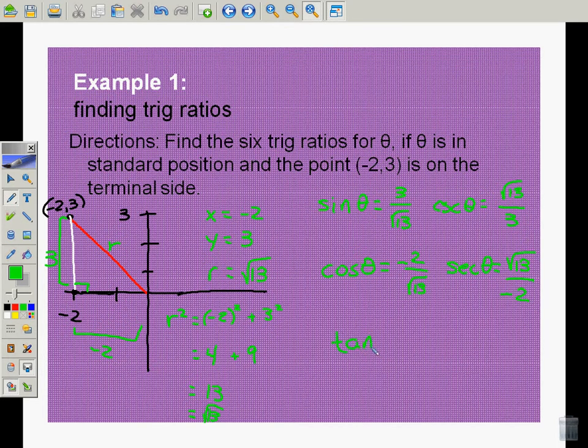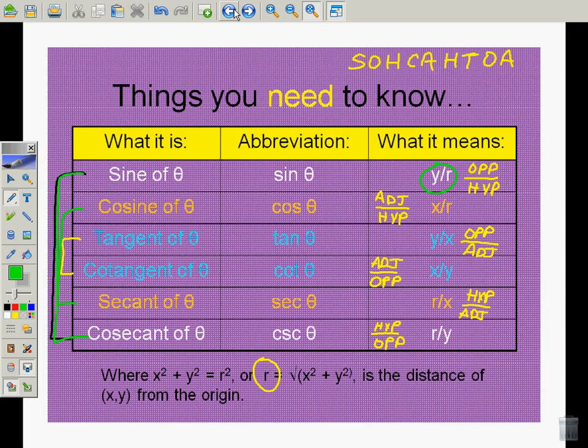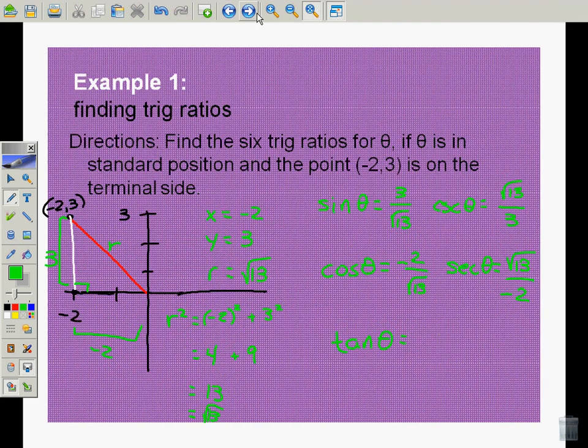Tangent. If you need to keep looking back, keep looking back. I'm doing it for illustration purposes. So tangent is y over x. So y over x is going to give us 3 over -2. And the cotangent of theta is equal to -2 over 3. I've got my 6 trig ratios.